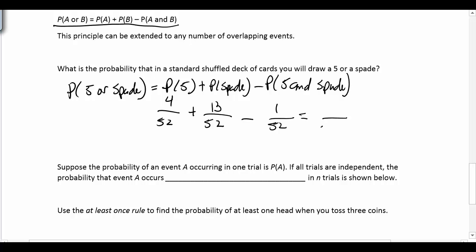So little fraction rules here: 4 plus 13 minus 1. Denominator I don't touch. Numerators I just add them, subtract them like I see them. And so that gives me a total of 16 out of 52, which can reduce down to 4 out of 13. So 4 out of 13 times would I expect to see either a 5 or a spade.